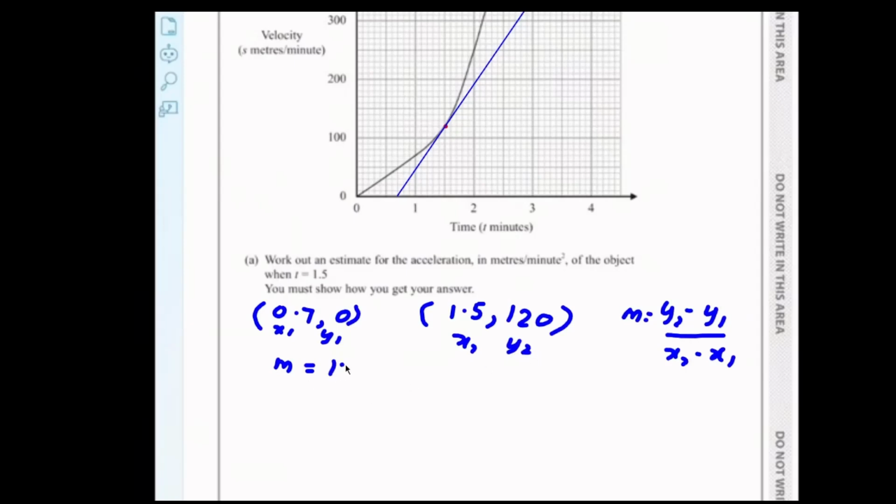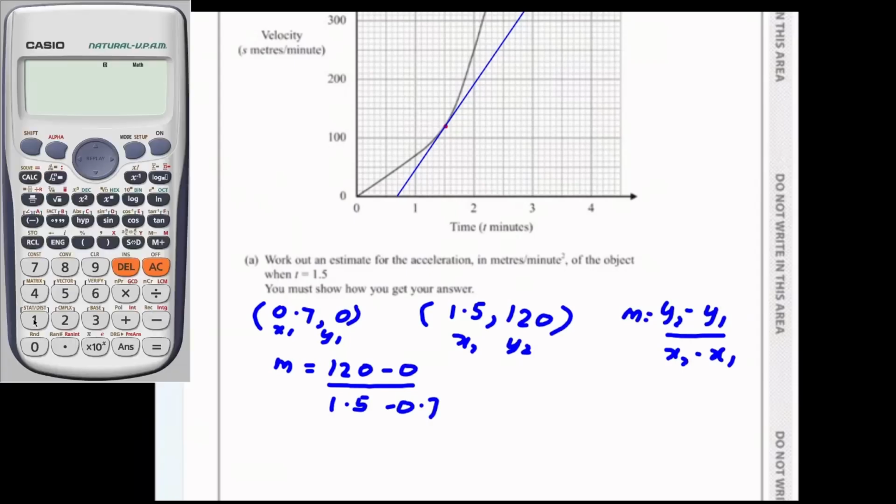Then 120 minus 0 over 1.5 minus 0.7. Let's plug in the values: 120 minus 0 over 1.5 minus 0.7 equals 150. So the answer is 150.